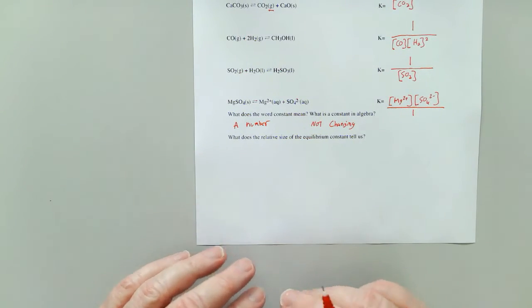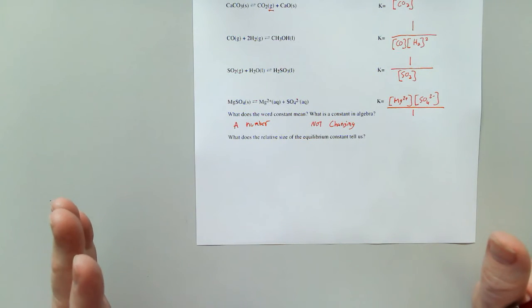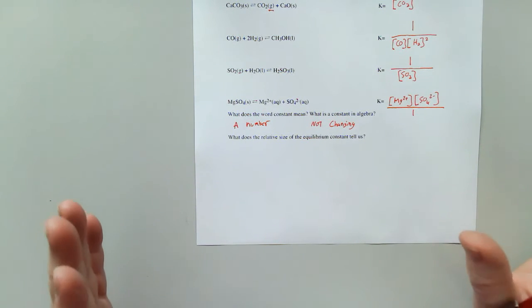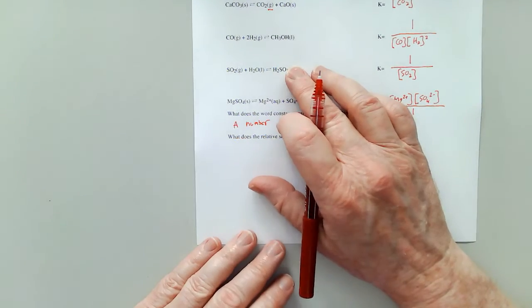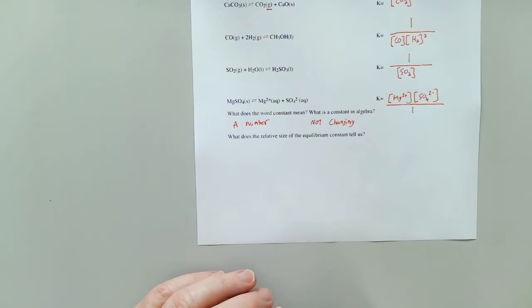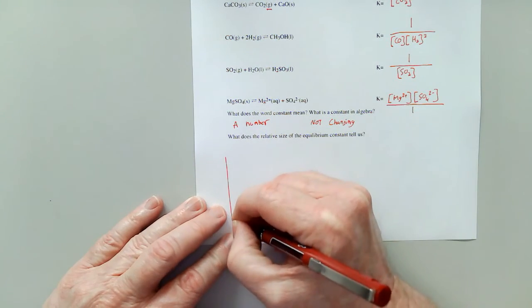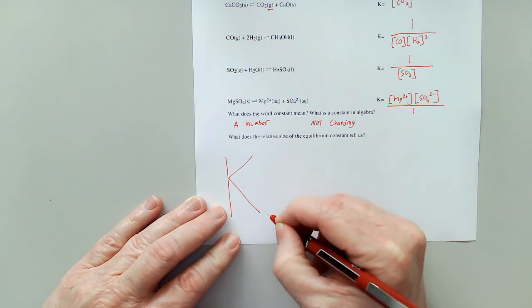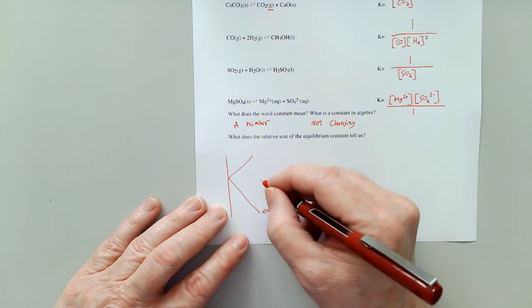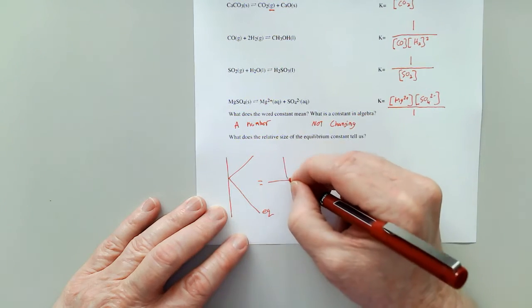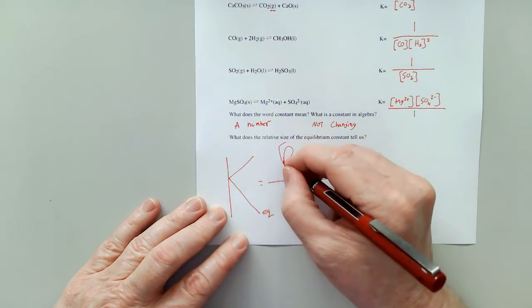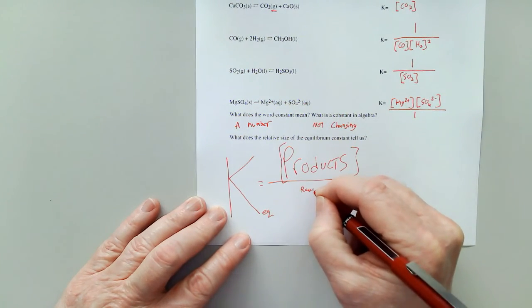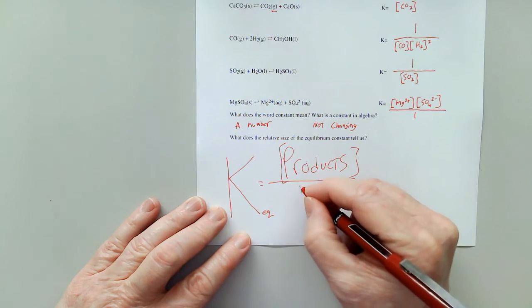All right. So, really important point here is that the size, the magnitude of KEQ tells us whether or not the products are favored or the reactants are favored. Basically, it tells us whether or not this reaction is spontaneous. This will look silly, but it drives the point home well. If KEQ is a large number, that means I have a lot of products and very little reactants.